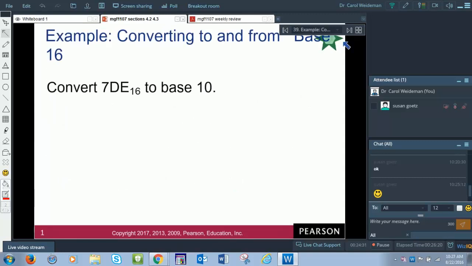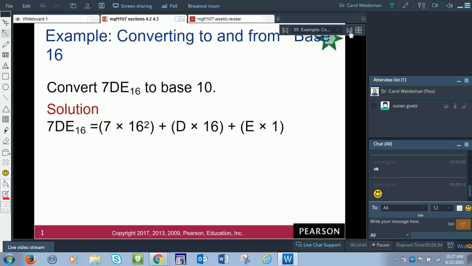So let's try an example. We're going to do one from base 16 to base 10, and then we're going to go from base 10 to base 16. So we're now in base 16 and we want to convert this number to base 10. We're going to write out the expanded form. Remember the positional values here are 1, 16, and 16 squared. So we've got 7 times 16 squared plus D times 16 plus E times 1.